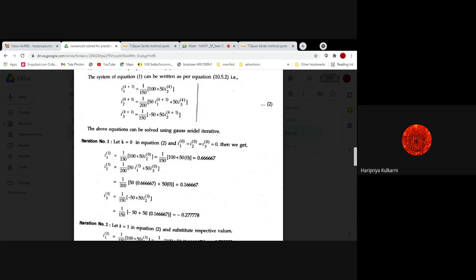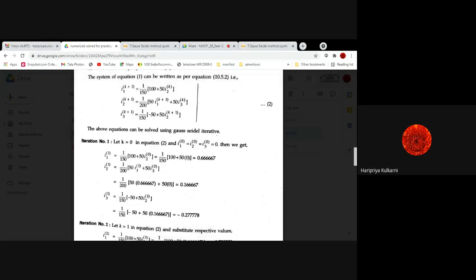So it is 0.667. Now the equation of I2: I1 we have just calculated, we put that value, and I3 we assume 0. So we have got 0.16667. Now in the equation of I3, we need I2, which we have just calculated. That value we put here and find I3. So this is our iteration number 1.